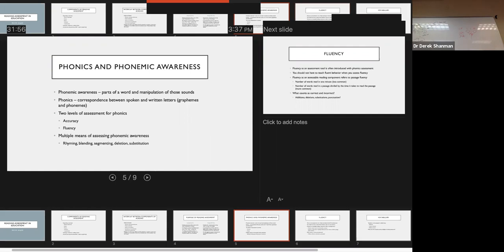Just hold it up, say it, hold it up, say it, get it accurate, get it fast. But these two skills, really taught primarily in kindergarten but into the first grade level as well, are critical as the building blocks for moving into the higher levels of reading.